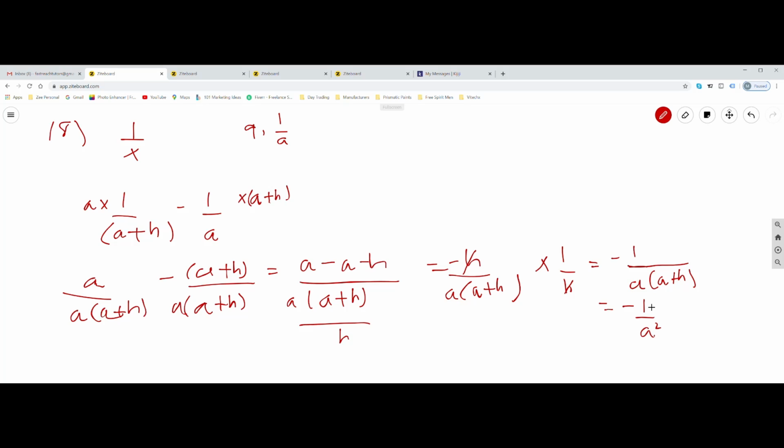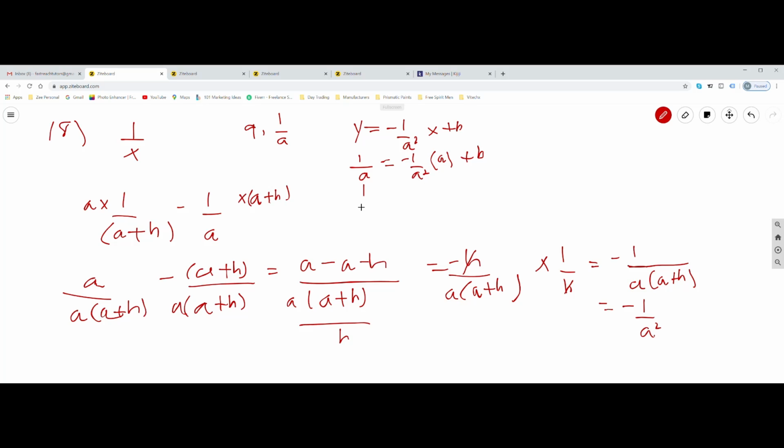Okay, so now that you have that, what we do is y equals negative 1 over a squared x plus b. So now we know that this is 1 over a, and this is equal to negative 1 over a squared times a, plus b.